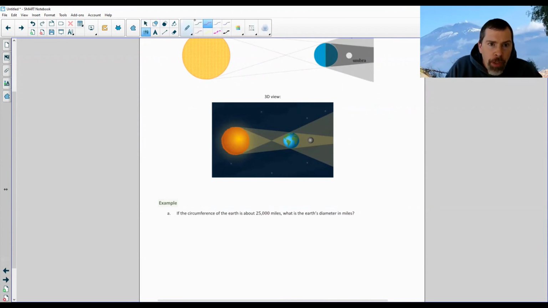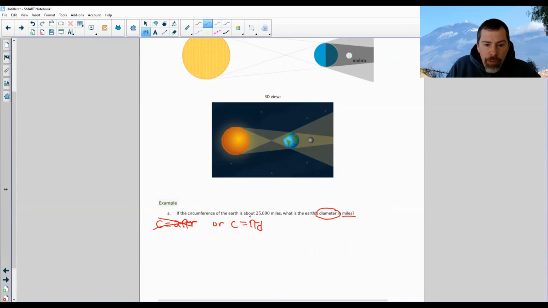Okay, so for starters, circumference equals 2 pi r, or circumference equals pi d, because 2r is d. 2 radii is equal to 1 diameter. So when we're talking about diameter in miles, we're not going to use the radius equation. We're going to use the circumference equation.